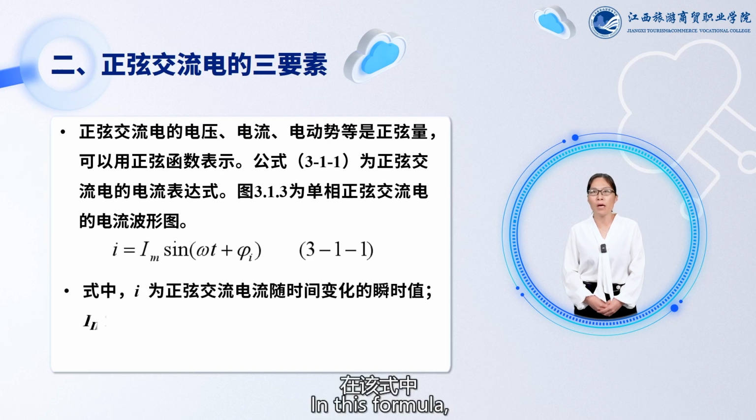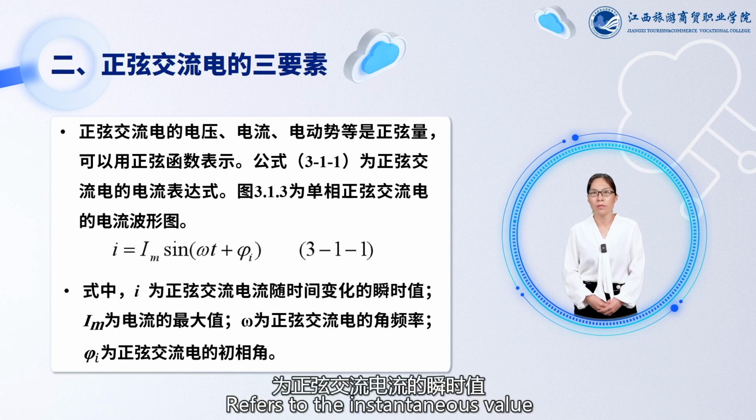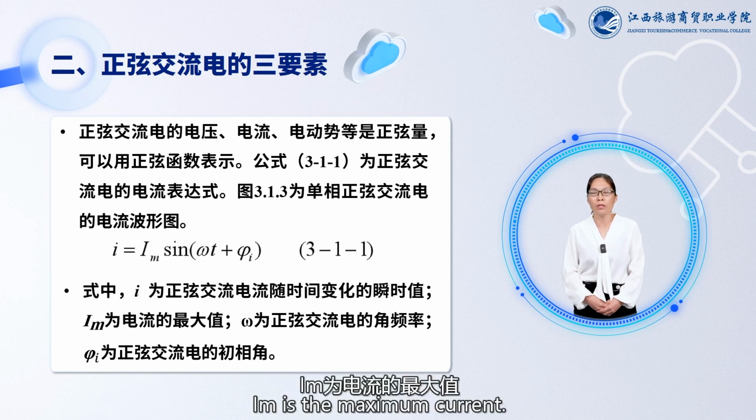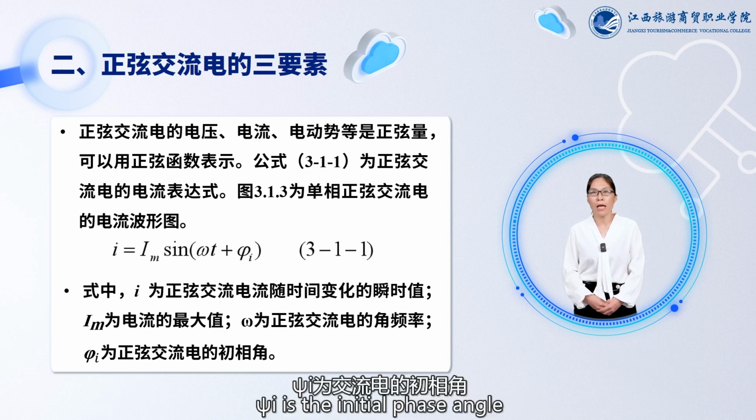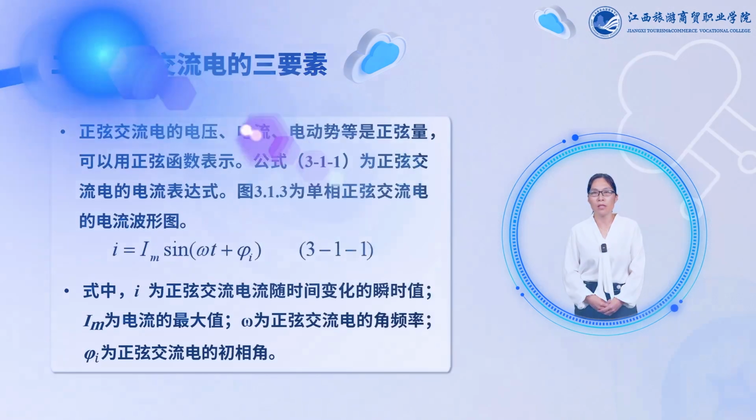In this formula, the letter i refers to the instantaneous value of sinusoidal alternating current. Im is the maximum current. Omega is the angular frequency of alternating current. Phi i is the initial phase angle of alternating current.